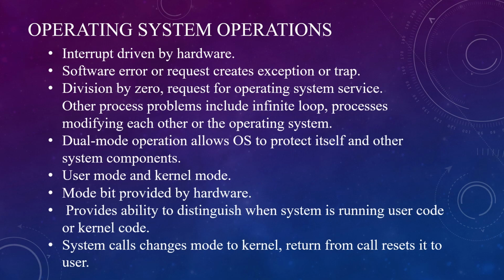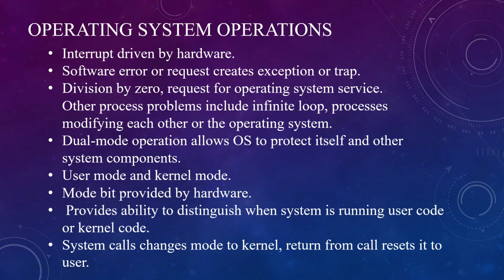Let us see how the operating system functions and manages different situations during the operation of a computer. The first important concept is interrupt, which is driven by hardware. When a hardware device like a keyboard, mouse, or printer needs the CPU's attention, it sends an interrupt. So the operating system pauses the current process, handles the interrupt, and then resumes the process.